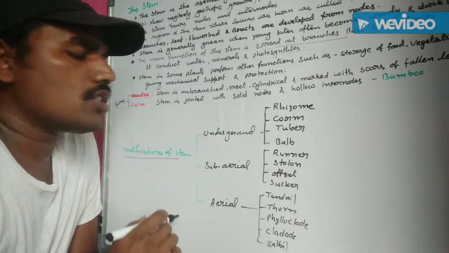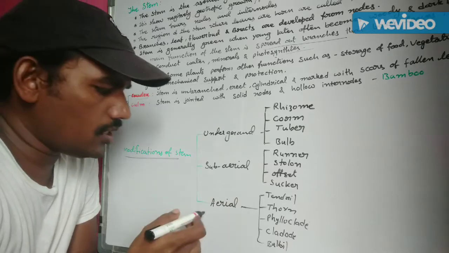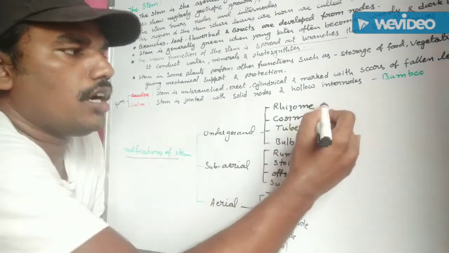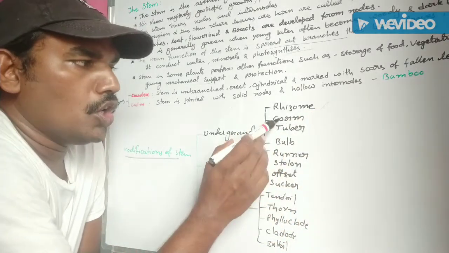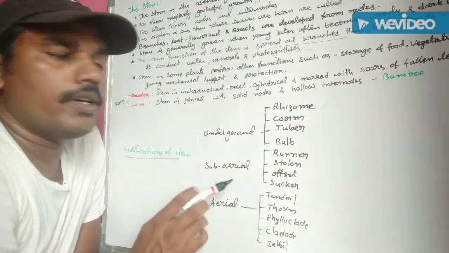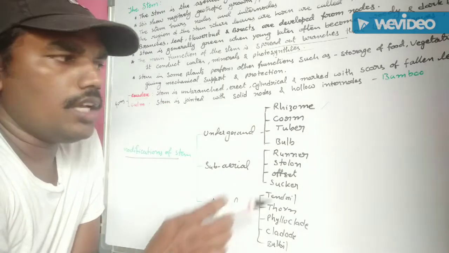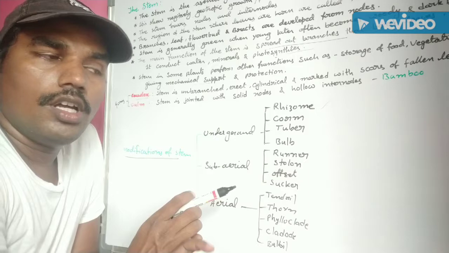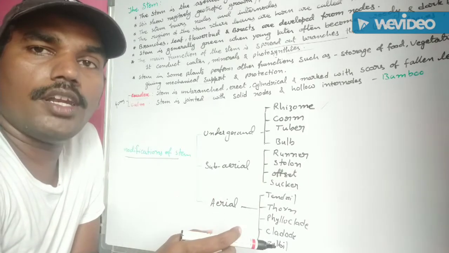Underground stem modifications are rhizome, corm, stem tuber, bulb. These accumulate food materials and become swollen and fleshy.